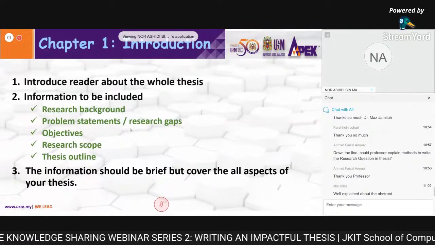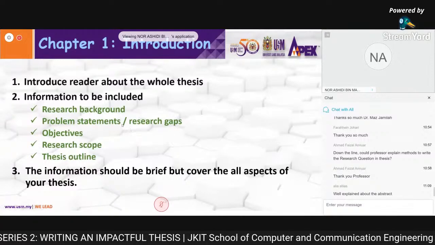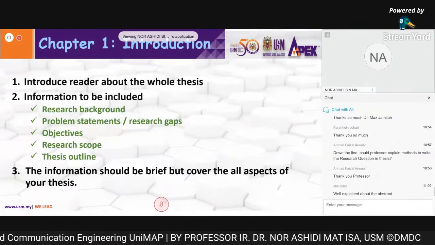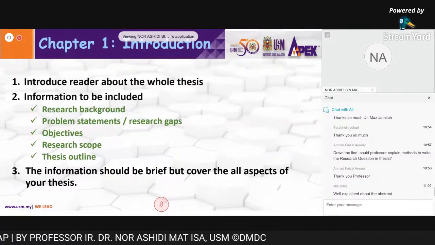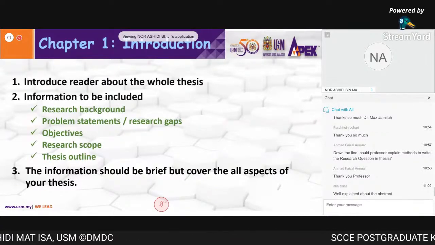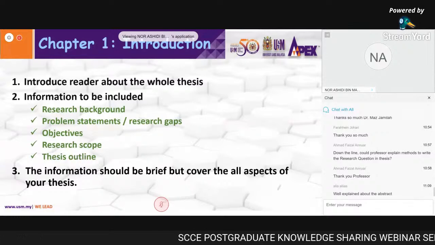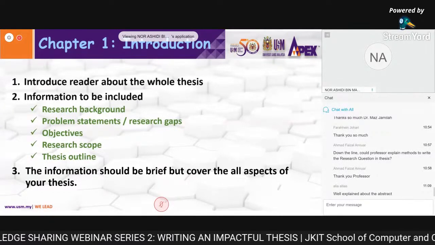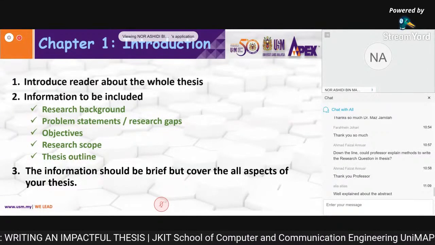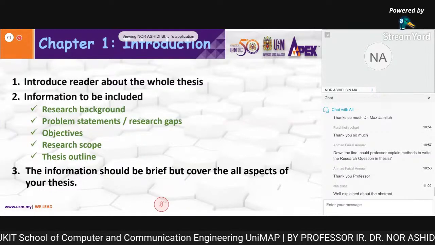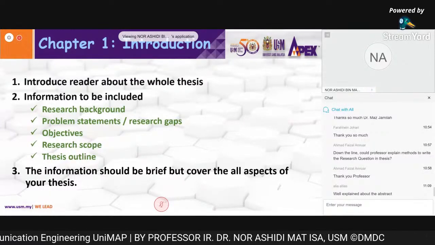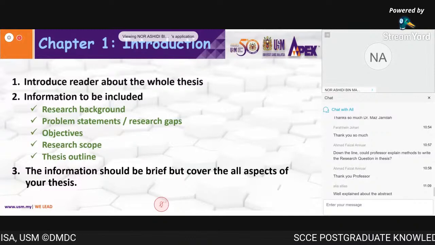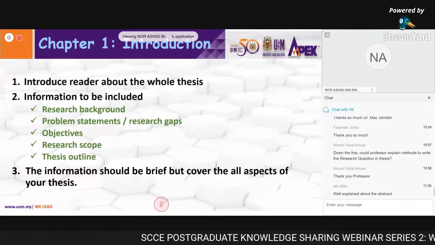Okay, the problem statement. Once again, essentially it comes from the literature review. My style is that I ask my students to write chapter 1 and chapter 5 last. I want them to start with chapter 2, chapter 3, chapter 4, and after that, when they know about their literature review, their methodology, and their result and discussion, then they go back to chapter 1.